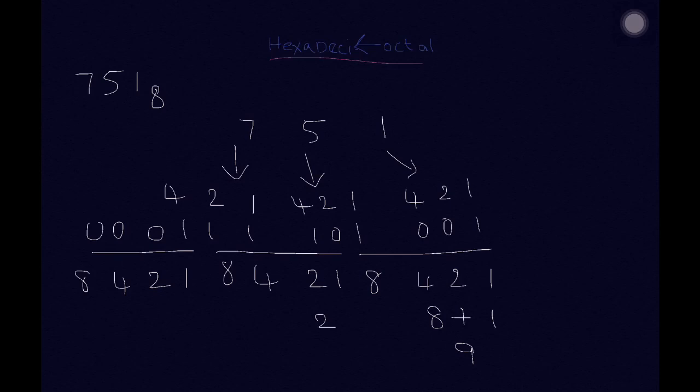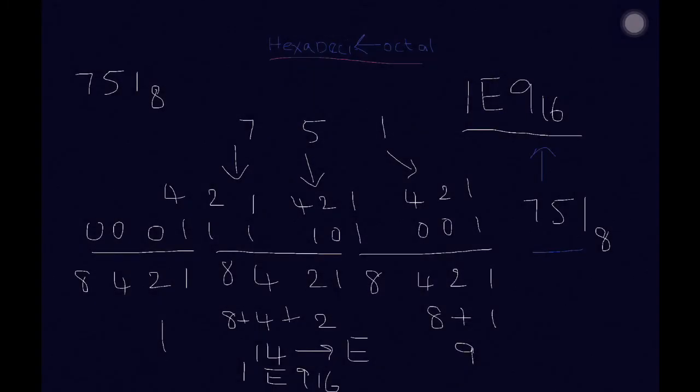This is 2 plus 4 plus 8. We have the number 14. This is 1. 14 corresponds to E. Finally we have 1E9 to the base 16. This is how to convert from octal to hexadecimal.